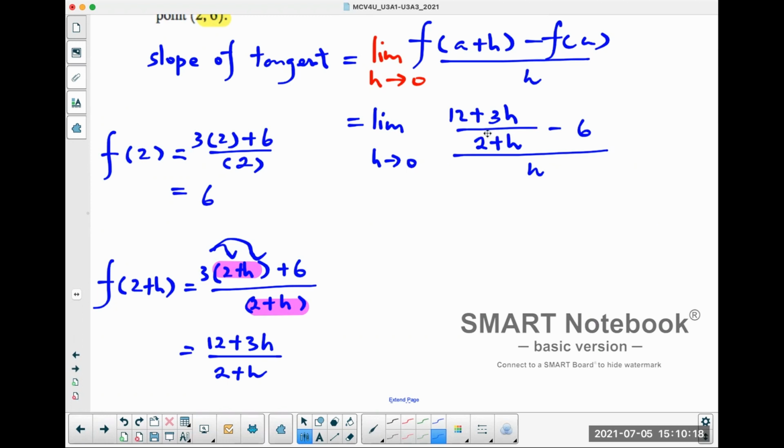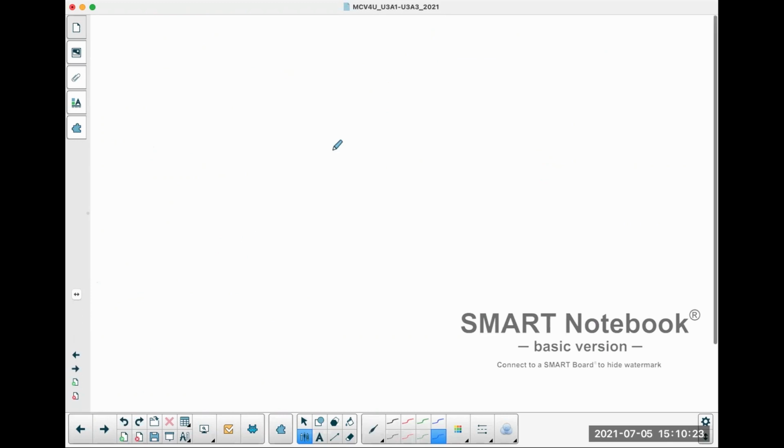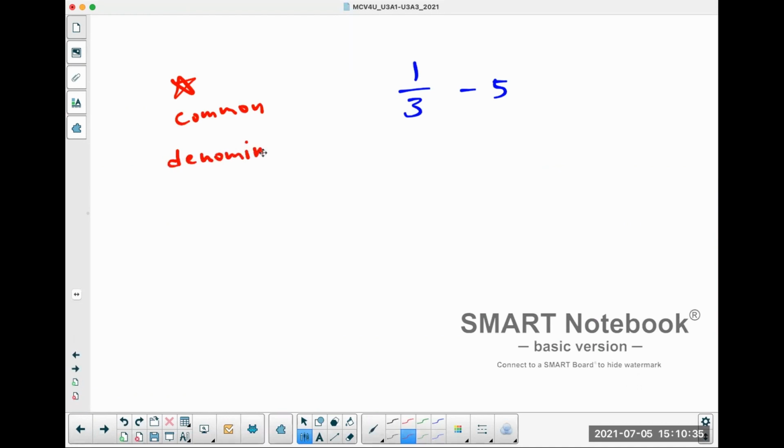That's called a rational function. Now, how do we do fractions? So if you have something like this, how do you subtract them? Well, the key with fractions is common denominator. You can only add and subtract when they have the same common denominator.